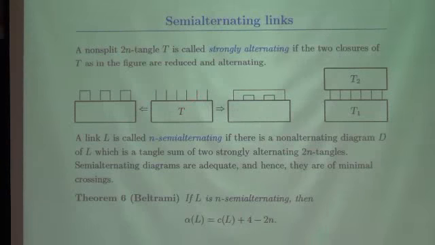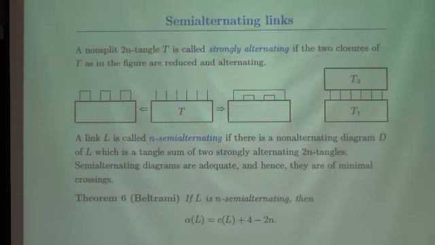We call it strongly alternating if these two ways of closing result in reduced alternating diagrams. You just close the pairwise adjacent ones in this way, and the other way. If these two are reduced alternating, that means they are minimal crossing alternating diagrams. Then we call this tangle a strongly alternating tangle.